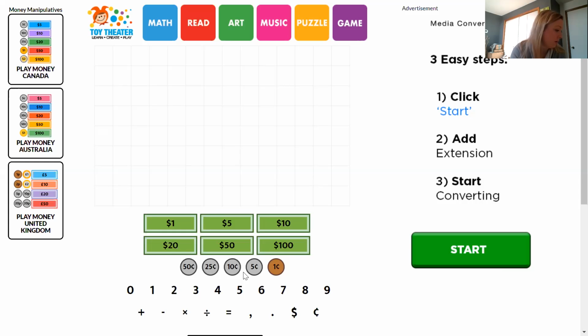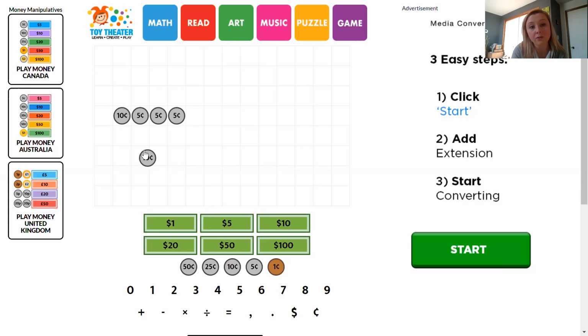We could also reach it by having a dime, which is 10 cents, and a nickel, that's 5 cents. So we have 10, 15. We could add another nickel, 10, 15, 20. We could add another nickel, which would get us to 25.